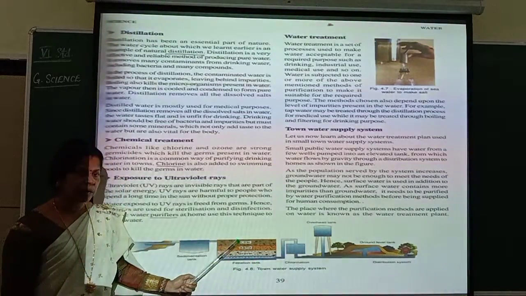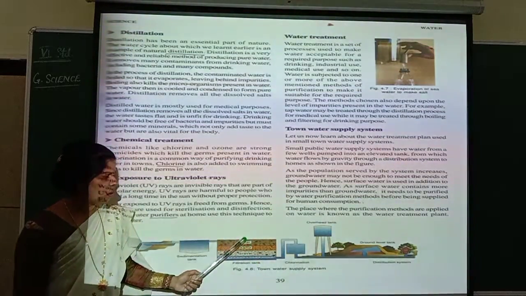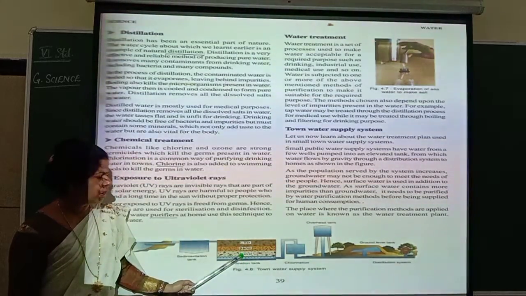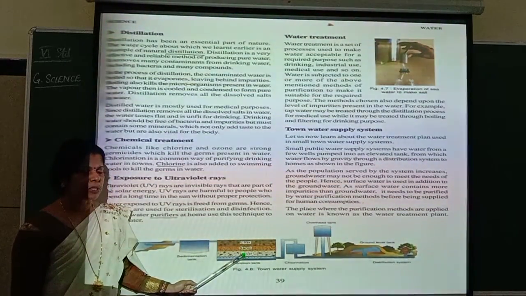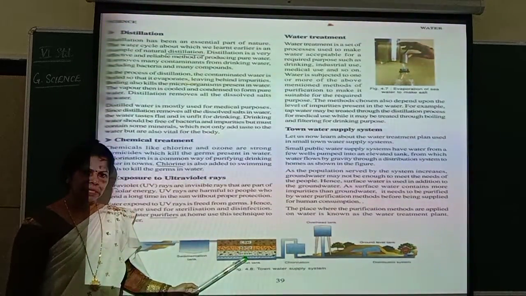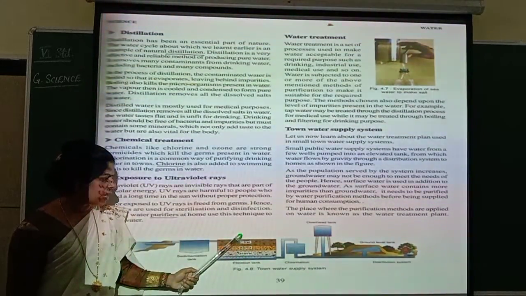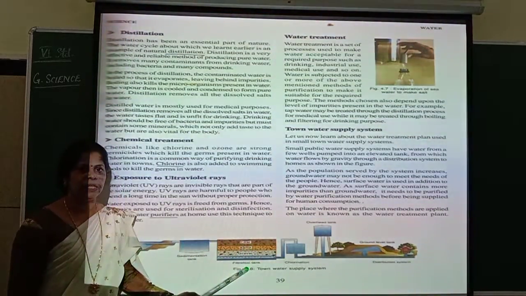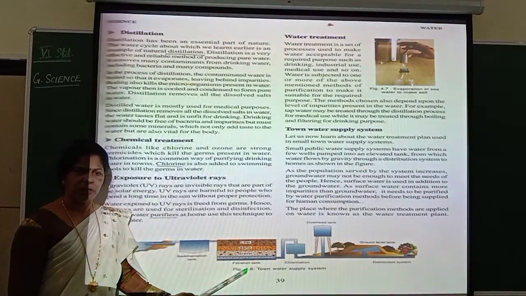In the filtration tank, you can see different layers here. Coal is there on the top, then comes sand, then comes gravel. Gravel I have also explained to you: not bigger particles, not very small particles, in between. When the water passes through that, again it is filtered.